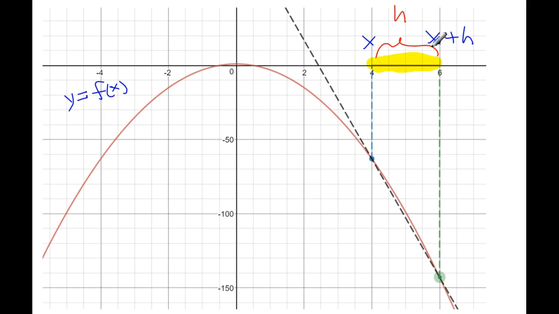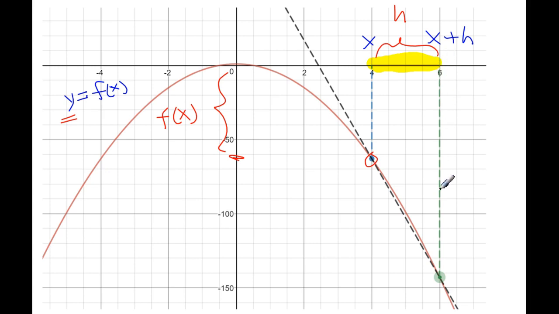Then remember, how do you get a y-coordinate? You do something to x. So what do I do to this x coordinate? I plug it into the function and I get this y coordinate. So down here, this distance right here is f of x. Then this green distance, I've moved over h units.